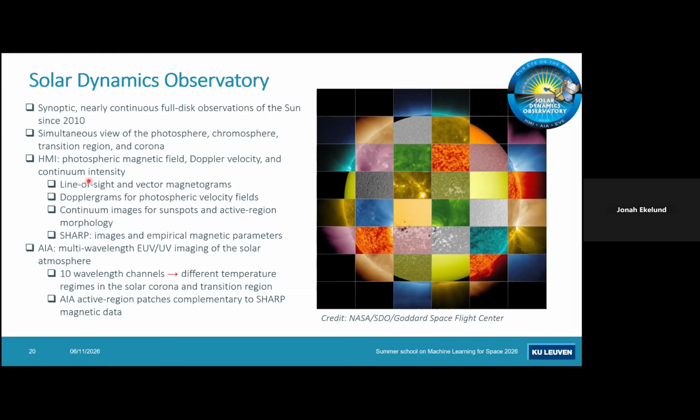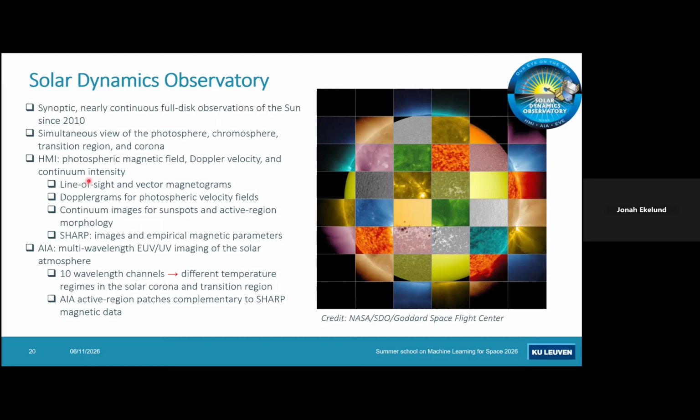So the AIA has 10 wavelength channels. So these are broadband observations. So it's not in a certain part of the line, but you have a transmission profile where you basically gather the light in this wavelength range.